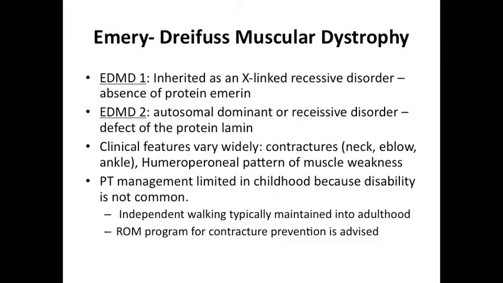Typically, you'll see contractures in the neck, elbow, and ankle, and you'll also see the humeroperoneal pattern of muscle weakness. PT management is limited in childhood because disability is not common. Independent walking is typically maintained into adulthood, and typically they do range of motion programs for contracture prevention.